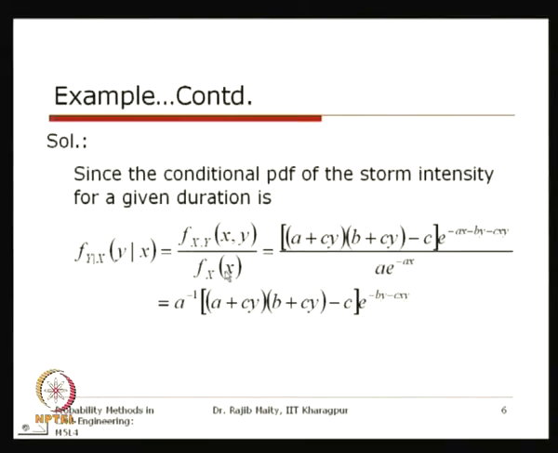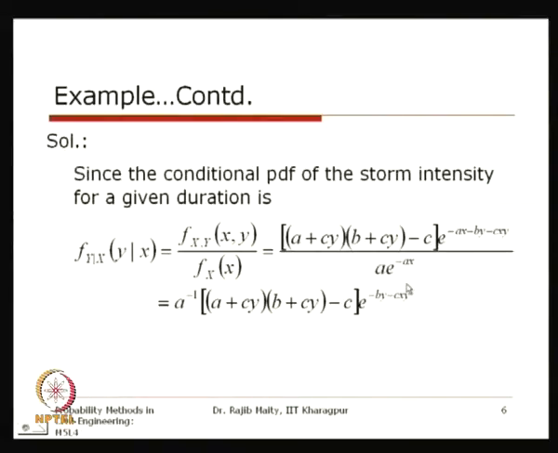So, f(x) is a times exponential of minus a x. Once we know this marginal distribution, it is straightforward to get the conditional distribution: it is just the division of the joint distribution by the marginal distribution a e power minus a x.